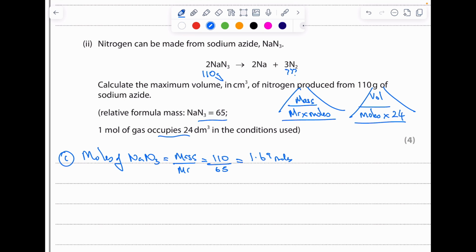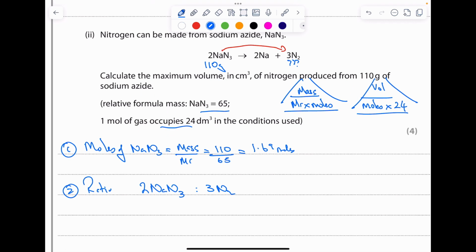Okay, next job, number 2, is I'm going to use the ratio. So if you look at what we're trying to do here, we've got to go from here to here. So there's a ratio change. So let's write that out underneath. Step 2 is the ratio. So I have got 2 lots of sodium azide, and it's forming 3 lots of nitrogen. We've just worked out that we have got 1.69 of this.